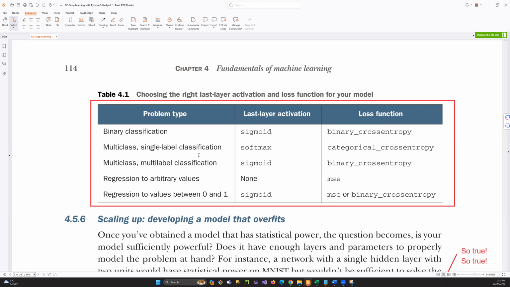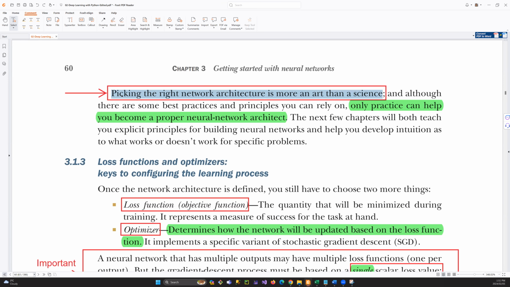We have some general guidelines for such cases, but long story short, I bring you back to the page that we started with. It says that picking the right network architecture is more an art than a science, Lucas. So we go through different projects, hopefully this semester, and we are going to develop some intuition for how to model our network.